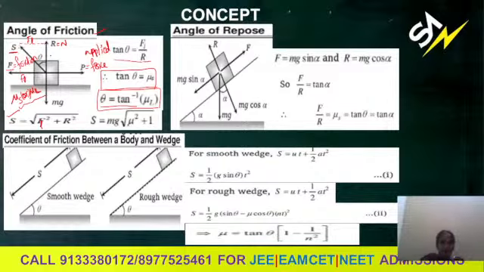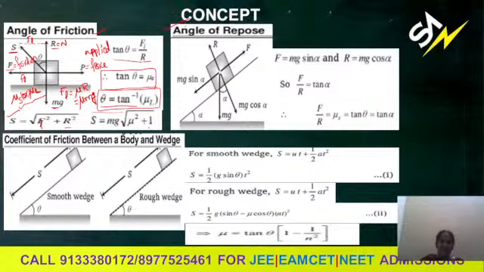The limiting friction FL is equal to mu into N or mu into R, which equals mu into mg, because R is balanced by mg. So we substitute here, and the resultant is equal to mg into the square root of mu squared plus 1.